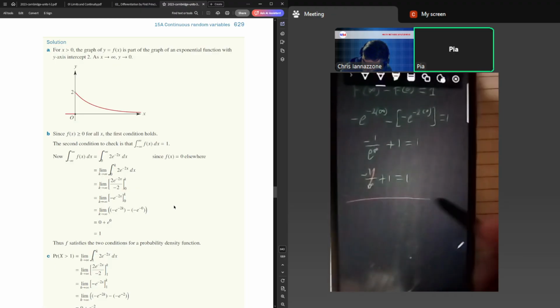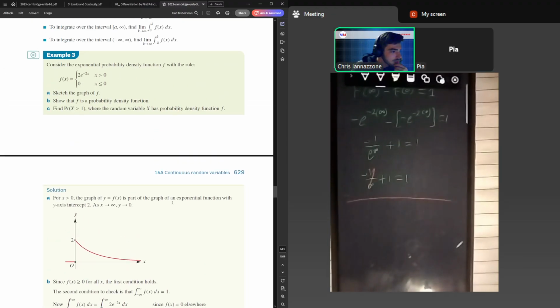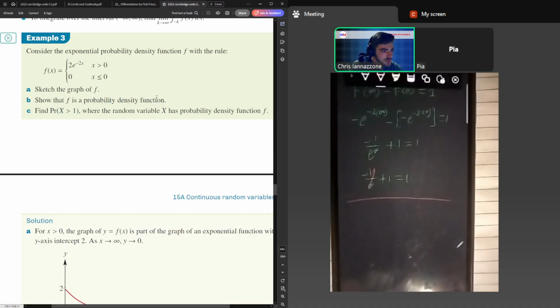Could we also do C? Also do C, yeah. Find the probability x is greater than 1. That's a very stock standard question for continuous. Anytime you want to find a range of probabilities, do you remember what you do?